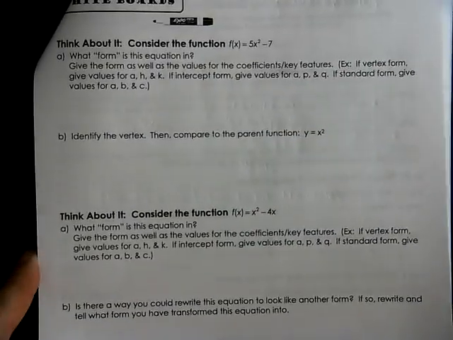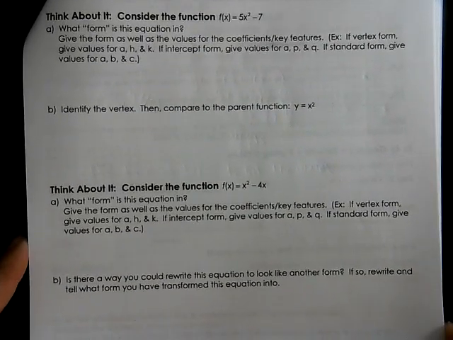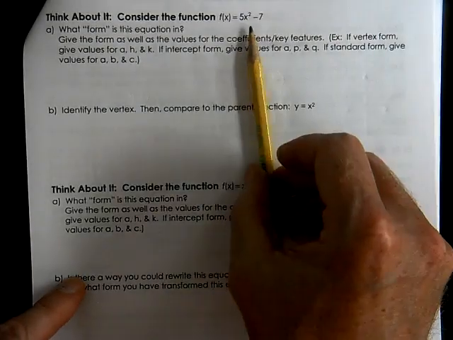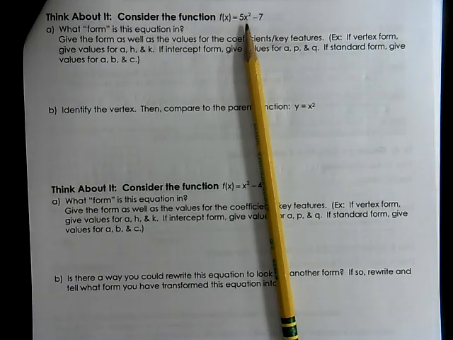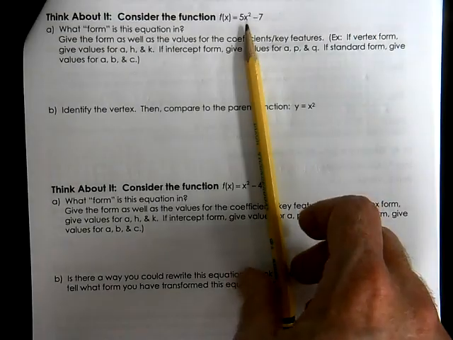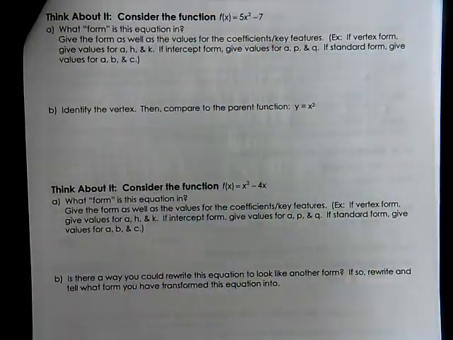Okay, let's flip over. Let's talk about some common misconceptions. This equation right here, 5x squared minus 7, it's supposed to be an easier question. It has fewer numbers in it. But people often get a little confused. So what form is that in?